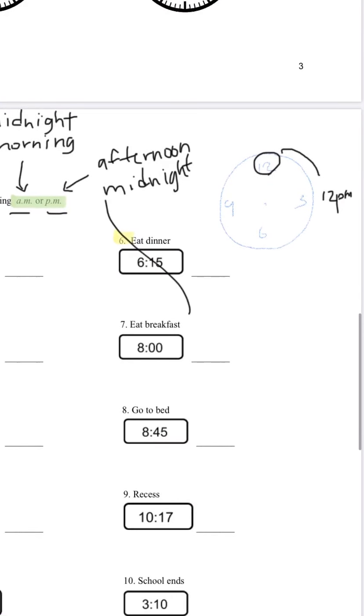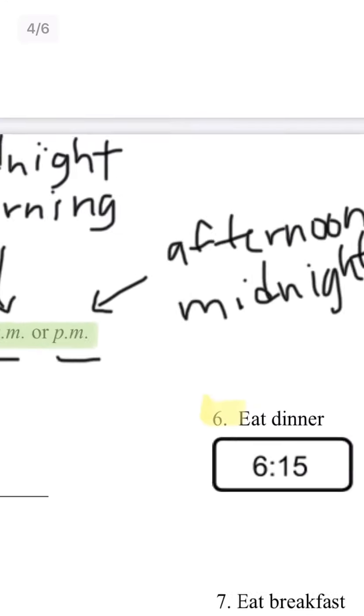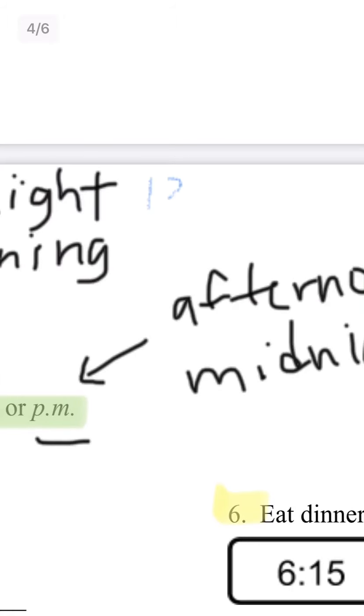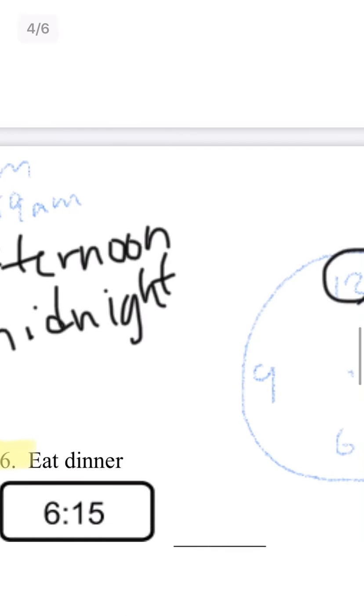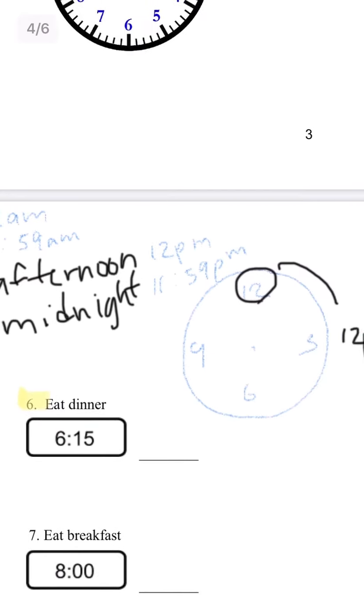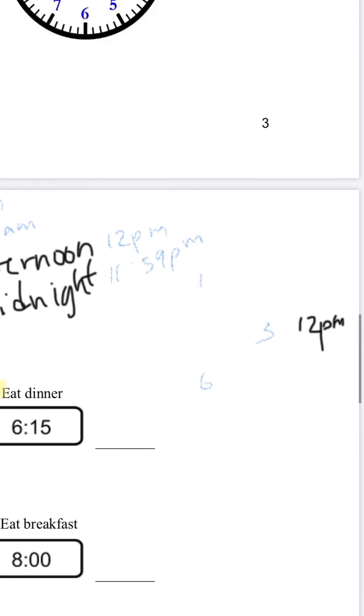So 12 a.m. through 11:59 a.m. Okay, and then afternoon, which is 12 p.m. to midnight, which is 11:59 p.m. Okay, so this kind of makes it confusing.